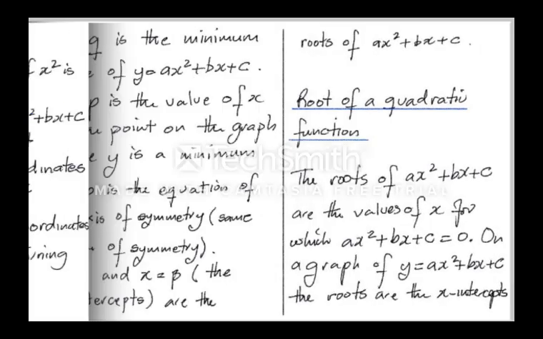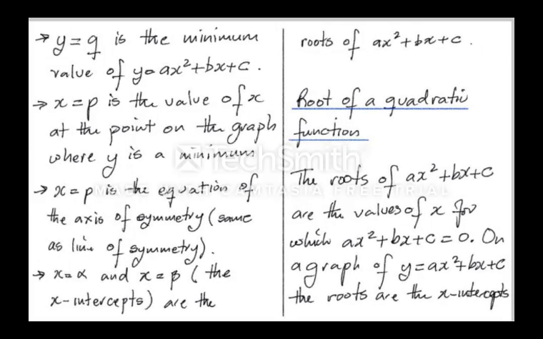So what are the roots of a quadratic equation or of a quadratic function? The roots of ax squared plus bx plus c are the values of x for which ax squared plus bx plus c is equal to 0.